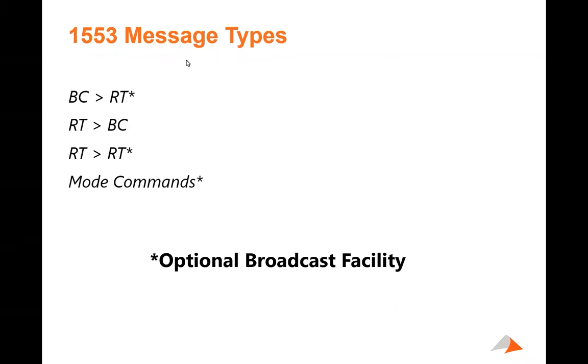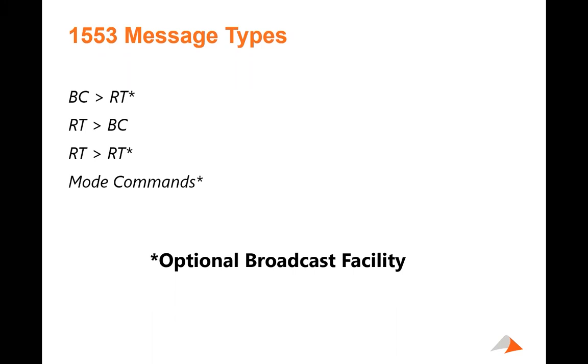All right, message types, guys. One thing that is noted here at the bottom is the optional broadcast. You have the bus controller sending messages to the RT, telling the RT, hey, you're receiving data. You have the bus controller telling the RT to send data to the bus controller.